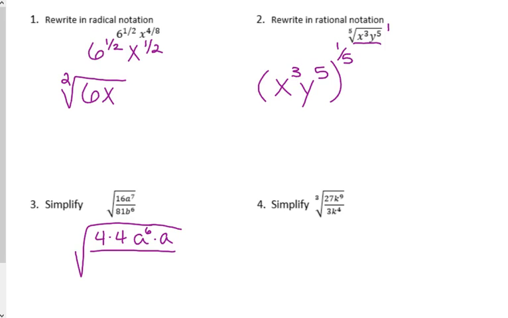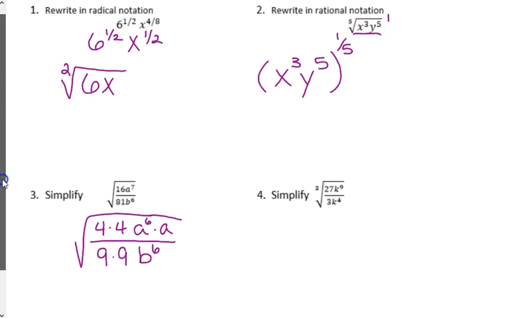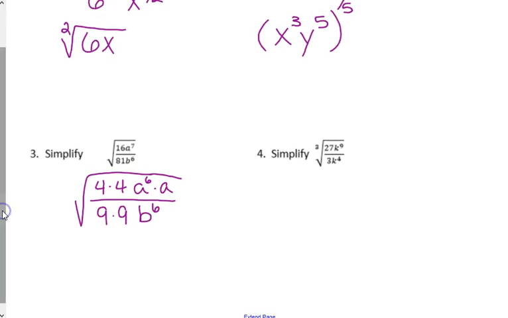And then we have 81, which is 9 times 9, and we have b to the 6th. Now remember, when we're doing square roots, any even exponent is a square. We're just going to divide the exponent by 2 and pull it out. So this is a fraction, so we're going to go ahead and pull that out. We're going to keep it as a fraction.